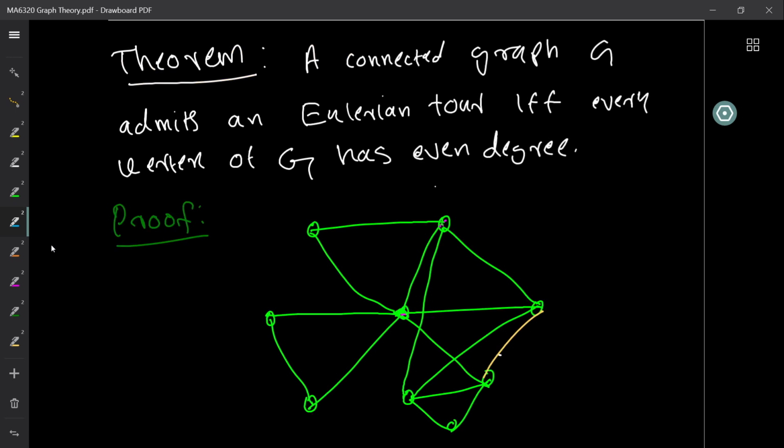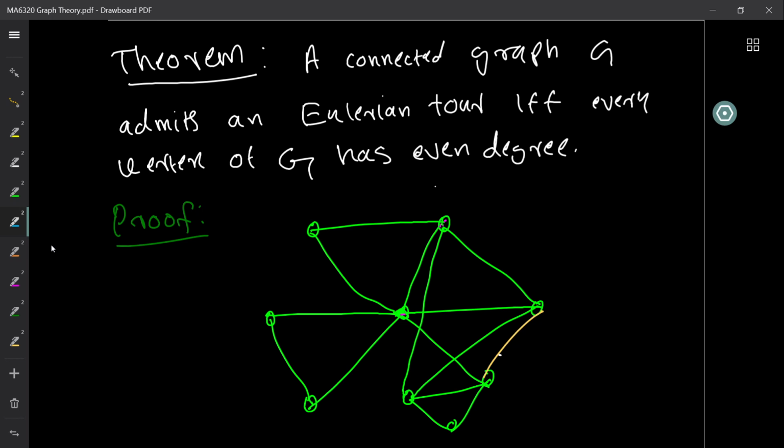Now, how do you prove this result? The claim is that the graph has an Eulerian tour. If a graph has an Eulerian tour, we say the graph is Eulerian. And if every vertex has even degree, we say the graph is an even graph. These are just simplifications to work out the proof.